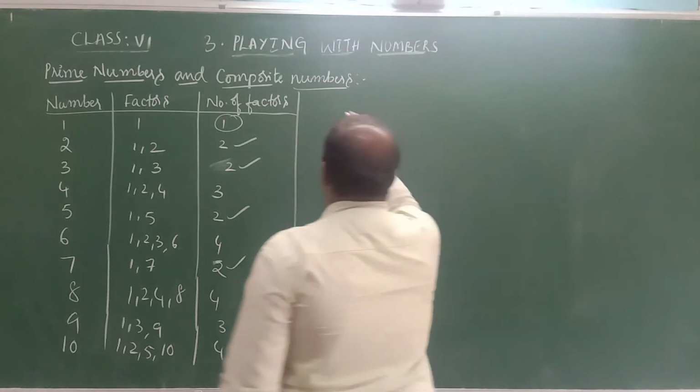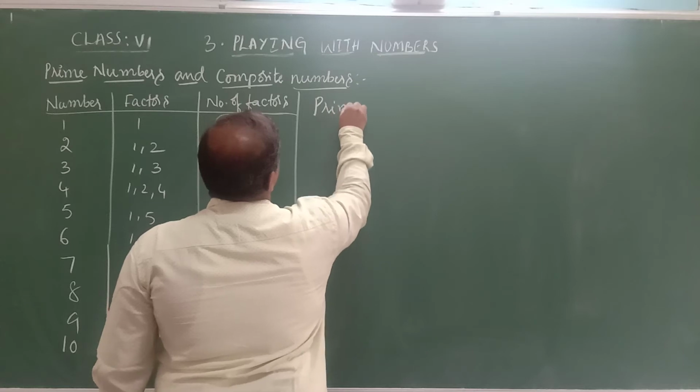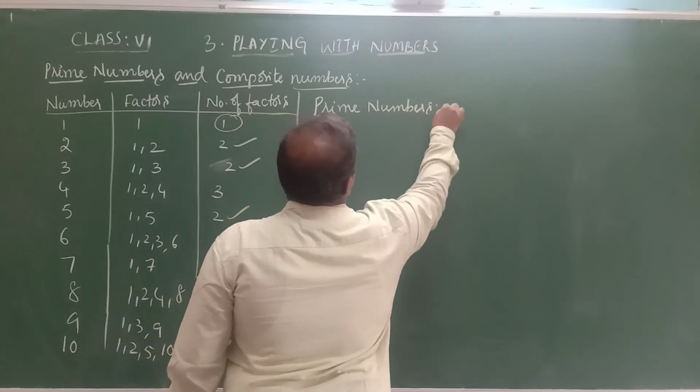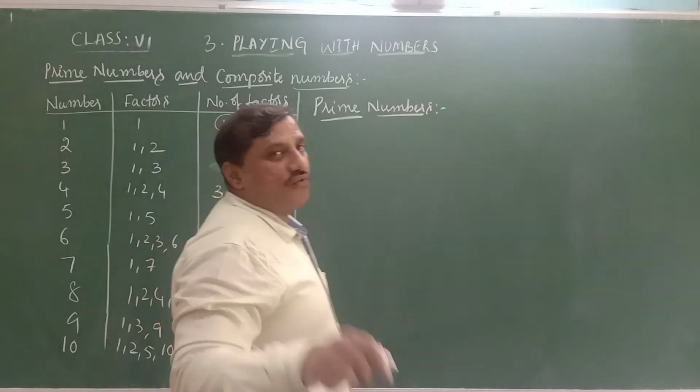Now what are prime numbers? We write here prime numbers. So prime numbers, the numbers which have only 2 factors.